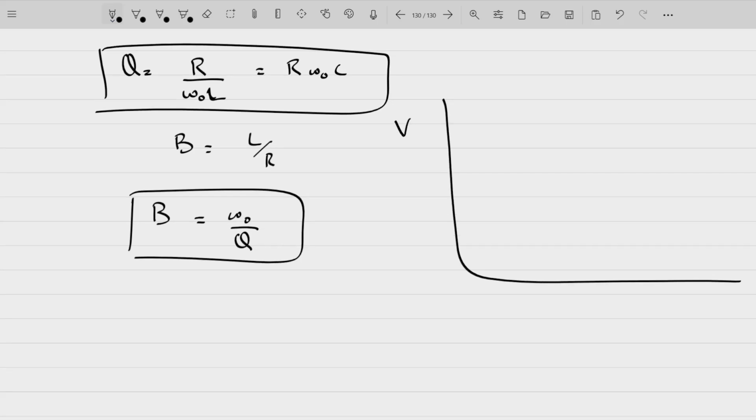Now instead of having a plot of current versus frequency here, we'll be having a plot of voltage with respect to frequency here. For a series RLC circuit, we discussed that I is equal to V divided by Z, और वहाँ से हमने करंट का वैल्यू निकाला. तो यहाँ पे हम V इक्वल टू I divided by Y लिखेंगे, I divided by admittance लिखेंगे. As the frequency of the system changes, the voltage increases and then it starts decreasing.